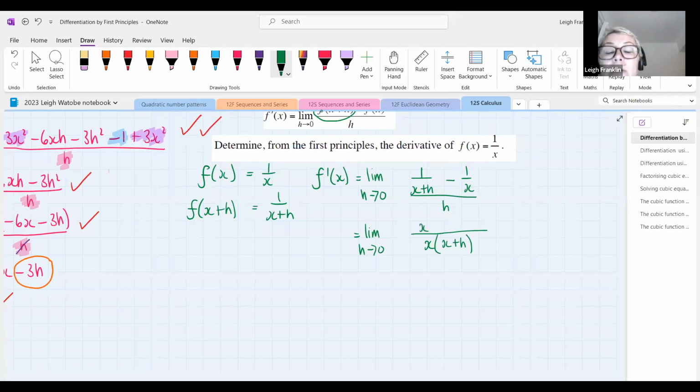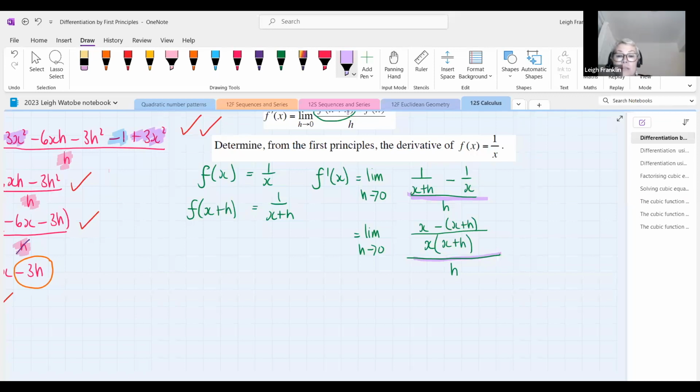So in our numerator, we're going to have x minus x plus h. Okay, so for our lowest common denominator, we've multiplied the two together. And that's why at the top we've now got x minus x plus h, and then all of this needs to be over h. So this divide line that was there is now here.